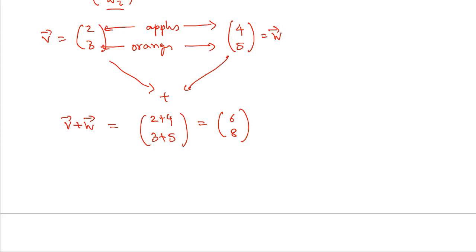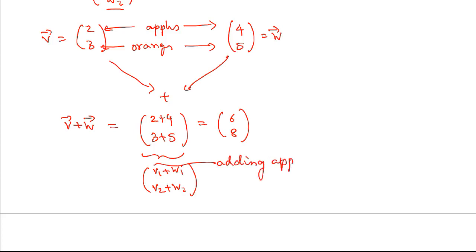So in other words, what have we done here? Essentially v1 plus w1, v2 plus w2. That's all. So here adding apples. Here we are adding oranges.